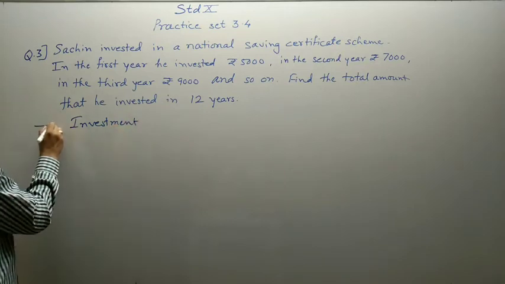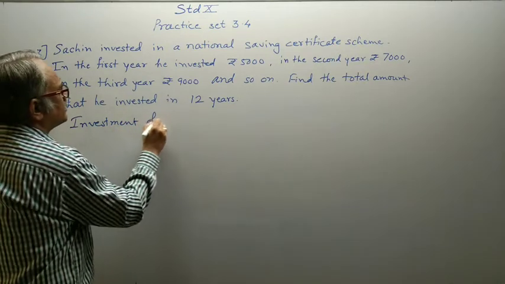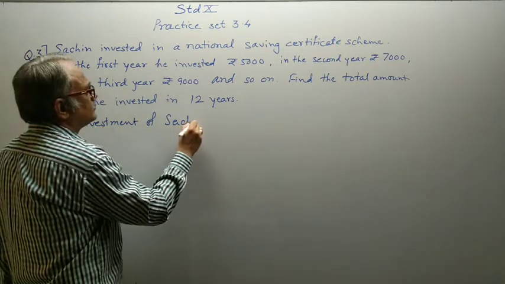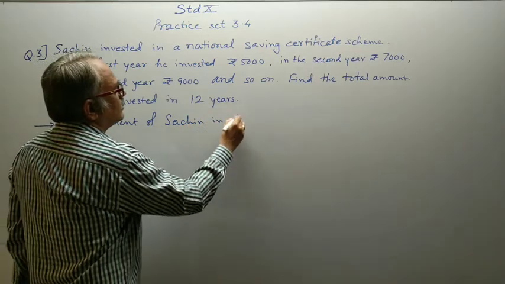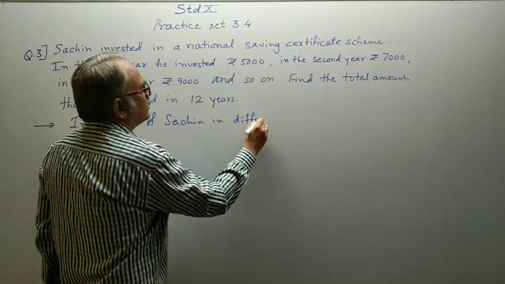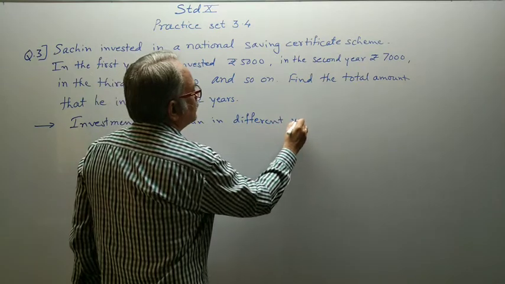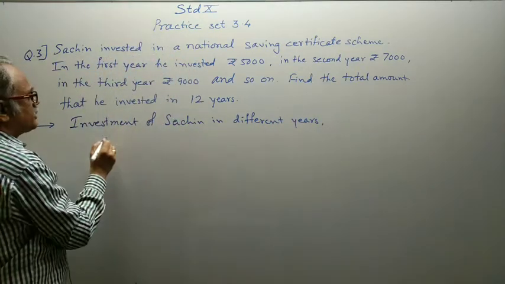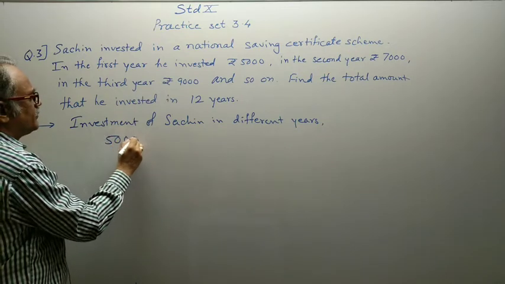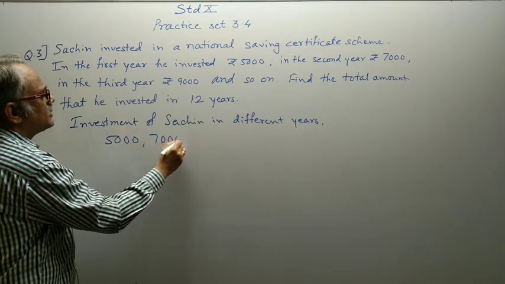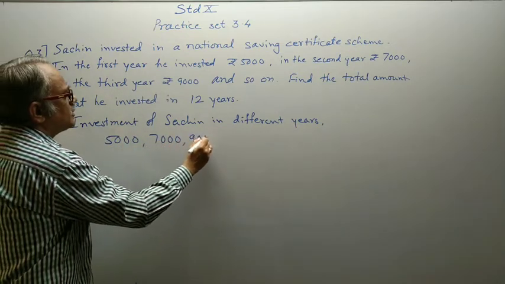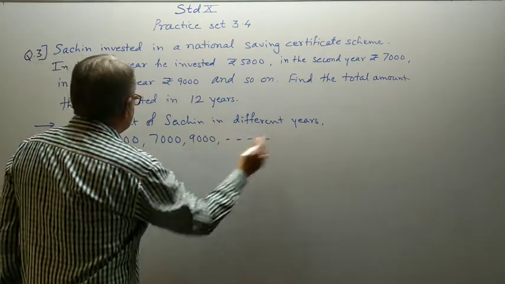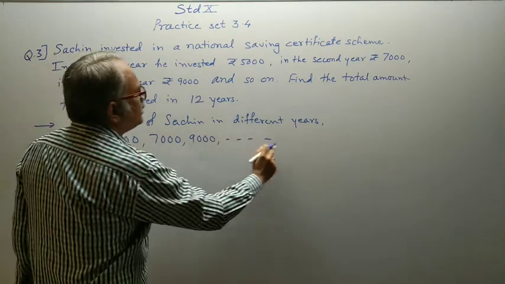So investment of Sachin in different years. Like that wording should be used. What is in first year? 5,000. Second, 7,000. Third, 9,000. Is it same difference? Yes, 2,000 every year.